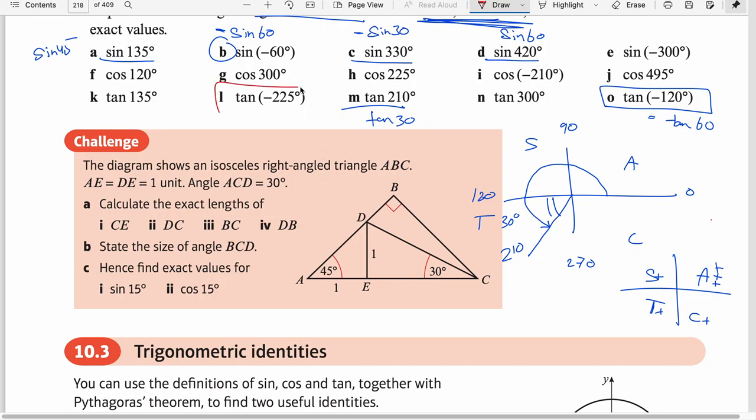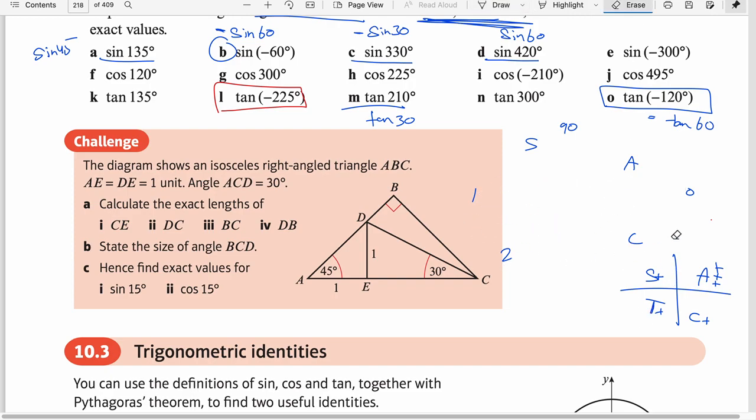Look at this, tan of negative 225. If I go for this with the same concept, using the same grid, see, negative 225 means we have to move clockwise. So from 0, and 225 is more than 180, so it crosses this line somewhere here.